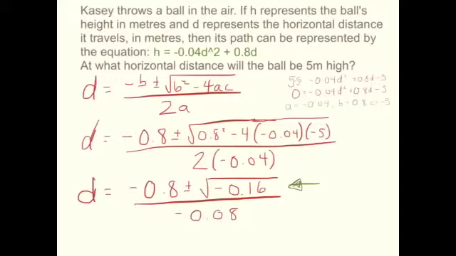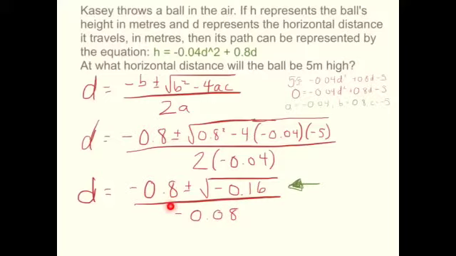So what's going on here? What's interesting about this? Well, the main thing that's interesting is that the square root of negative 0.16 is not a real number. So far your teachers have probably said things like you can't take the square root of a negative number, which isn't exactly true, but the answer isn't a real number. So in terms of this case, what height is this going to be? Well, there's not going to be any height. This equation here isn't going to give us any real solutions.